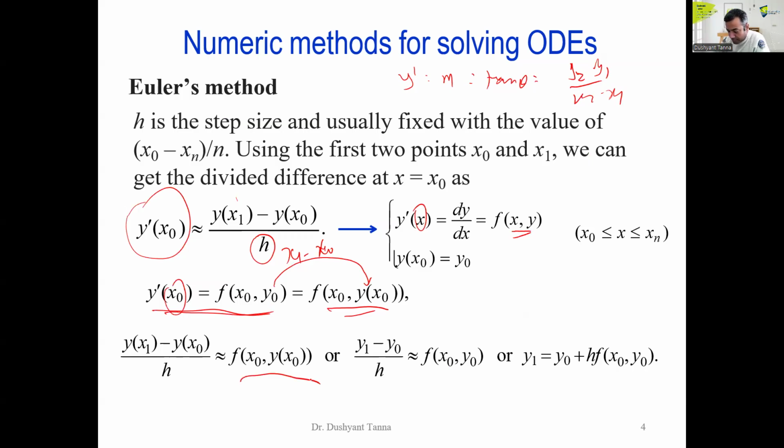So we say that, or if you have to write it simply, y of x1, which is your first point from approximation, y1 minus y0 over h, we multiply by h, therefore y1 minus y0 is equal to h f of x0, y0, and from there you get y1 is equal to y0 plus h f of x0, y0. Okay.